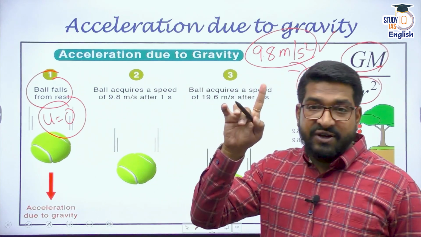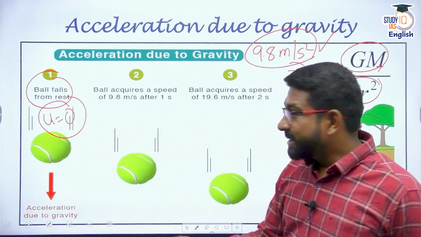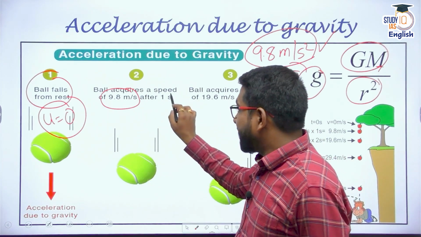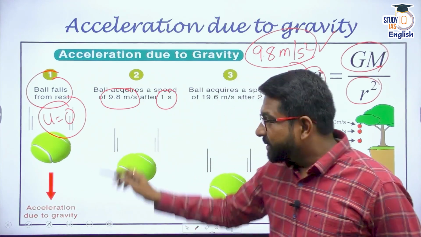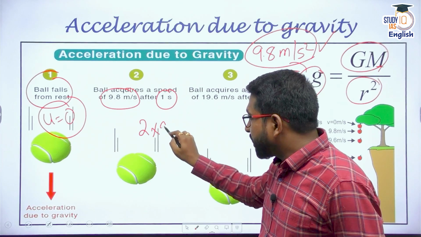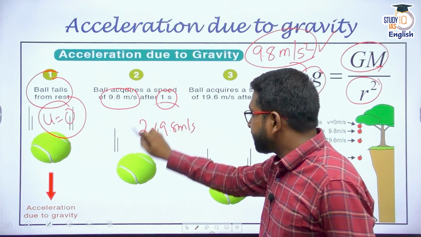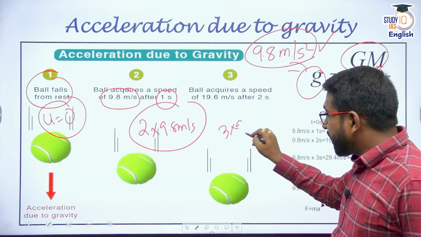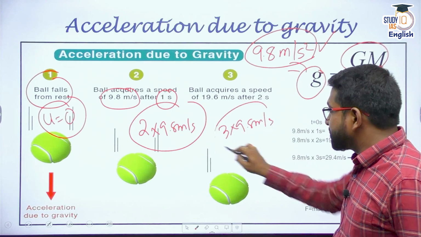But after 1 second, it is going to accelerate to 9.8 meter per second. Its velocity is going to increase at 1 second. The very next second, this is going to double, 2 into 9.8 meter per second. The third second, it is going to increase to 3 into 9.8 meter per second.